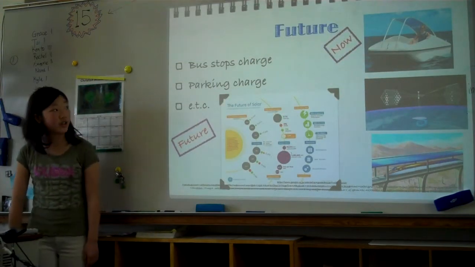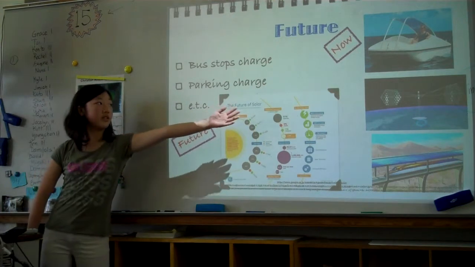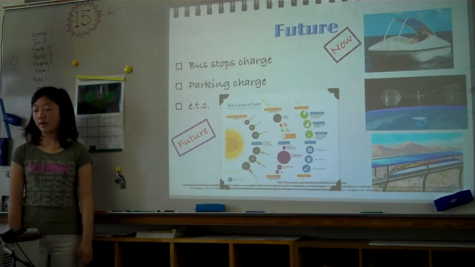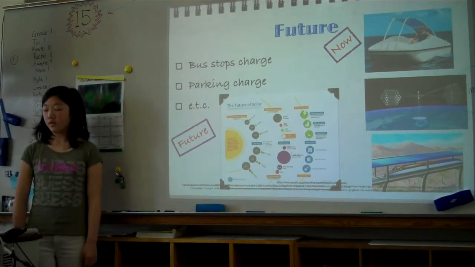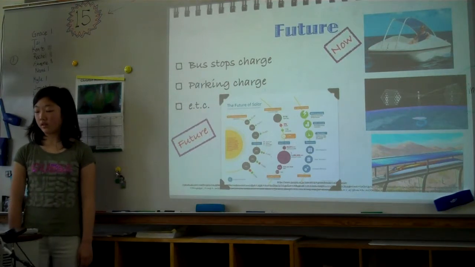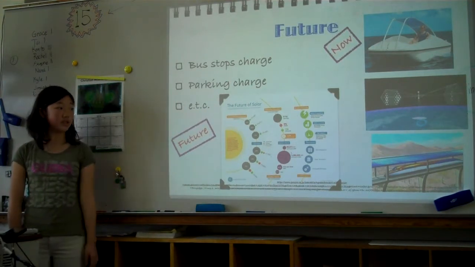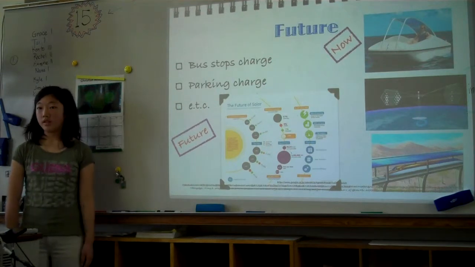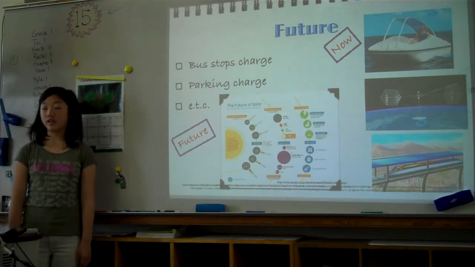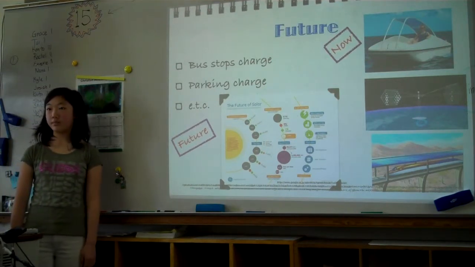The future. Now we have these kinds of things that the scientists were thinking about. But in the future, they're thinking of getting the cost to $1 per watt. And it is very useful because it has been $5 to $7 per watt.